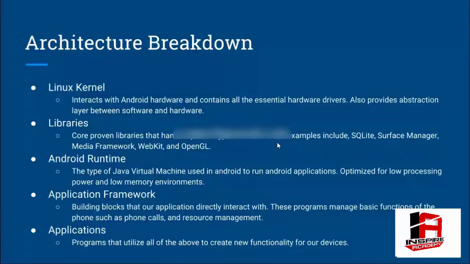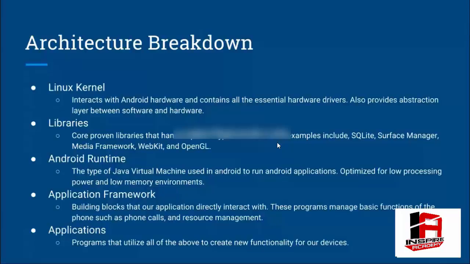Great. So let's move on to Android runtime, the type of Java virtual machine used in Android to run Android applications. It's optimized for low processing power and low memory environments. I don't know how many of you know this already, but Java uses something called a Java virtual machine that takes bytecode and translates it.